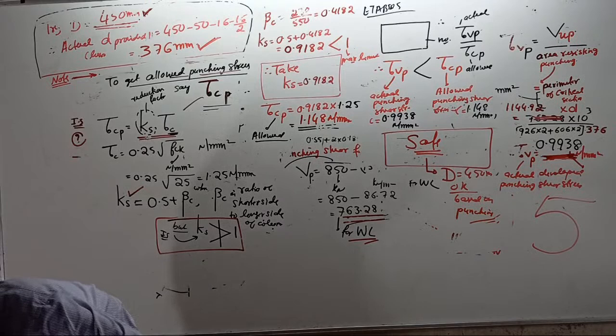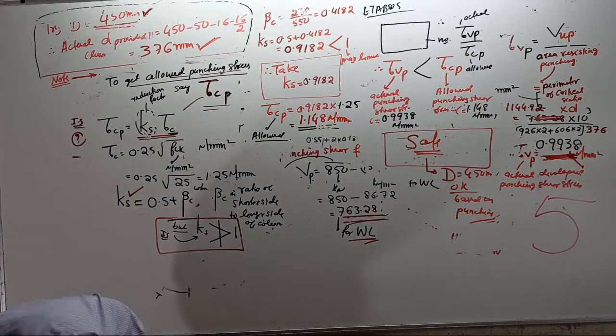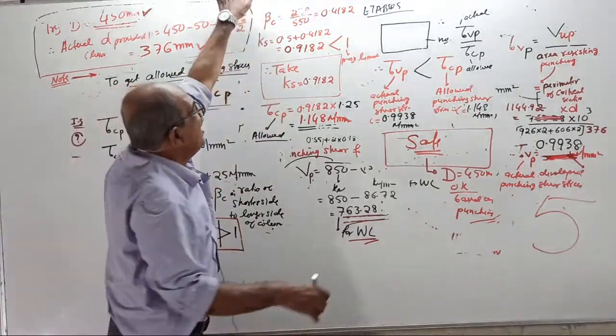Don't tell me, sir, ETABS gives 4 decimals later. 0.8657 becomes 0.867? How is it possible? What is this mathematics? 0.8657, which computer will give 0.866? Okay, 0.866.